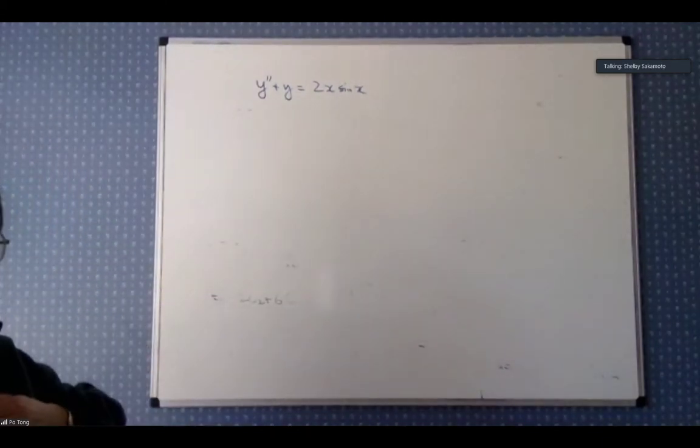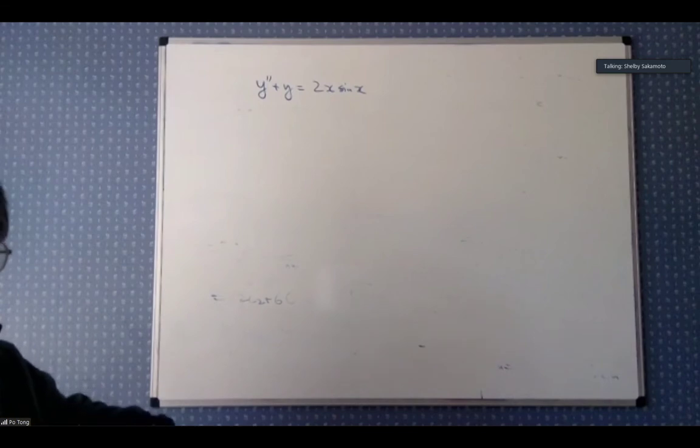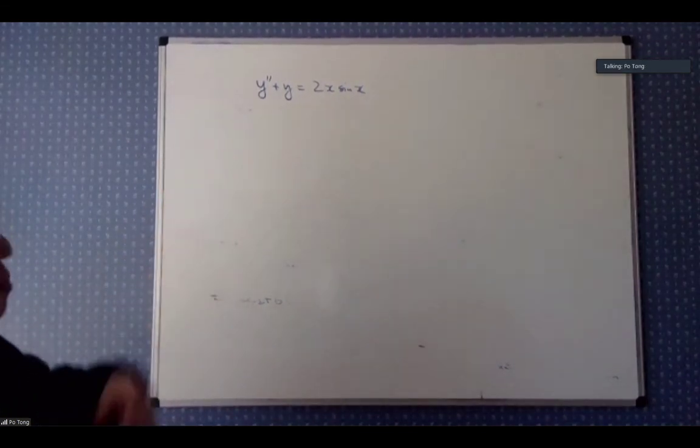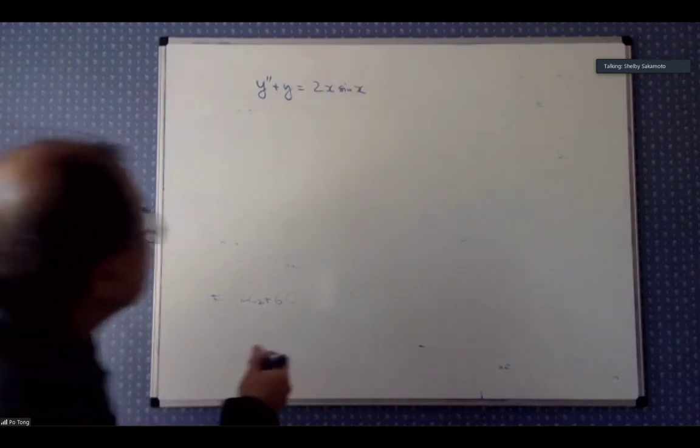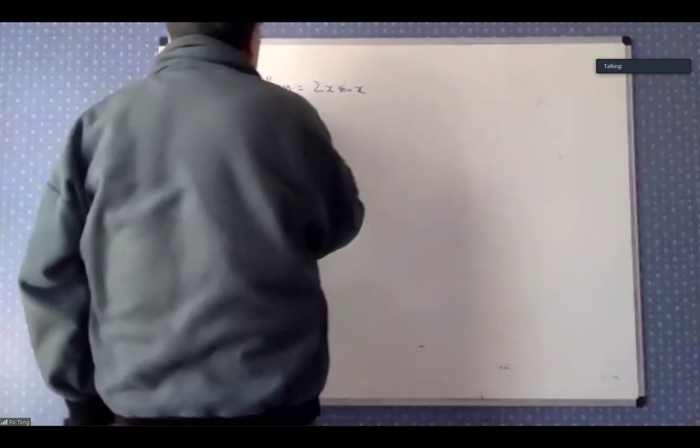All right. So it's number 15, right? Yeah. Your numbers may be slightly different, but yeah. So y_c is equal to C1 cosine x plus C2 sine x, because m is equal to plus or minus i.